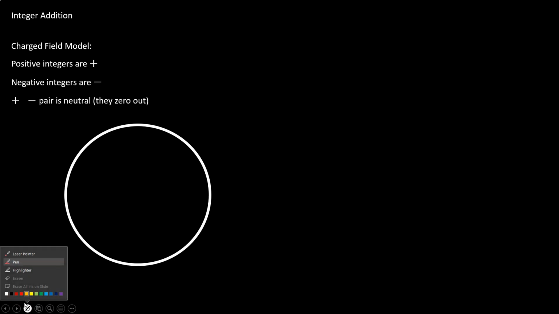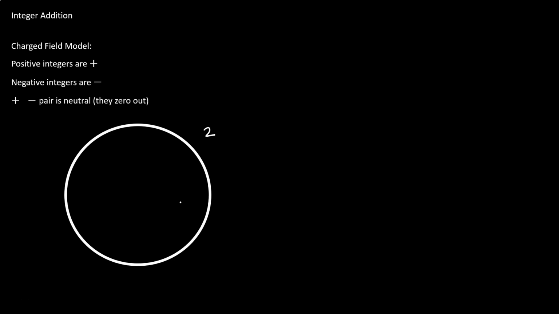Another model, which is quite similar to the chip model, but doesn't require the physical manipulatives, is the charged field model. Positive integers are represented with a plus sign, negative integers are represented with a negative sign, and any positive-negative pair is just like the red-white combo. It neutrals out and it's a 0. So again, if I wanted to represent the number 2, I could do that with 2 positives.